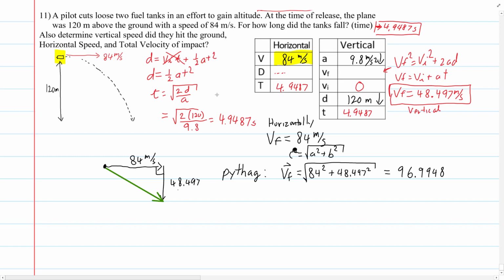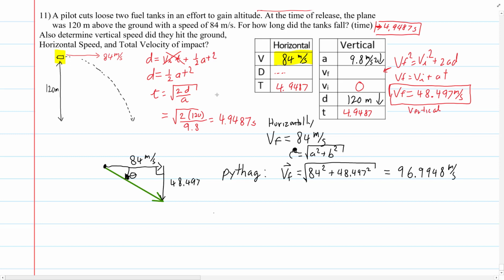I now need the direction. I need this angle, because that'll tell me how far below the horizontal it is going. Because as it is a vector, I need the magnitude, meters per second, but I also need the direction.